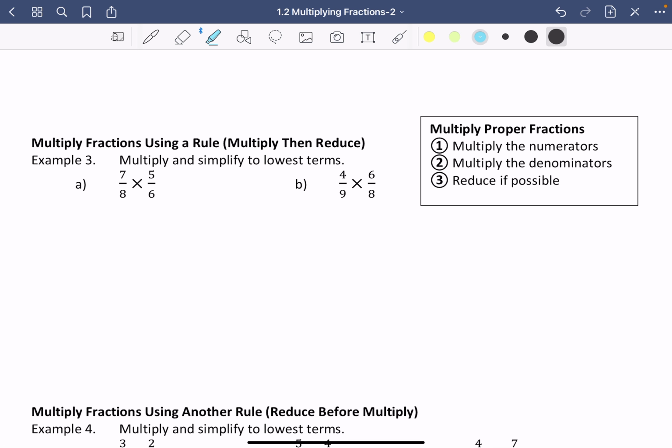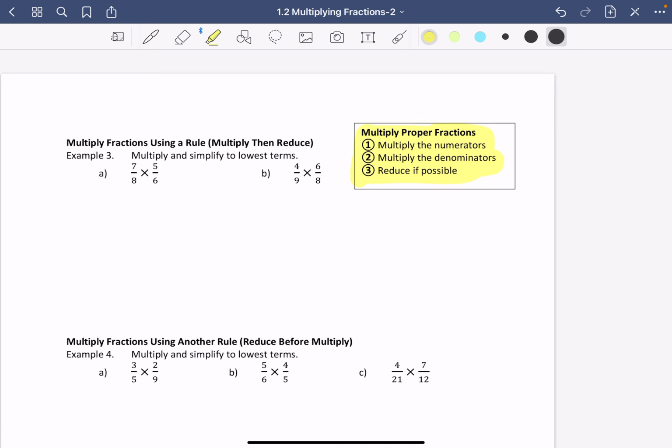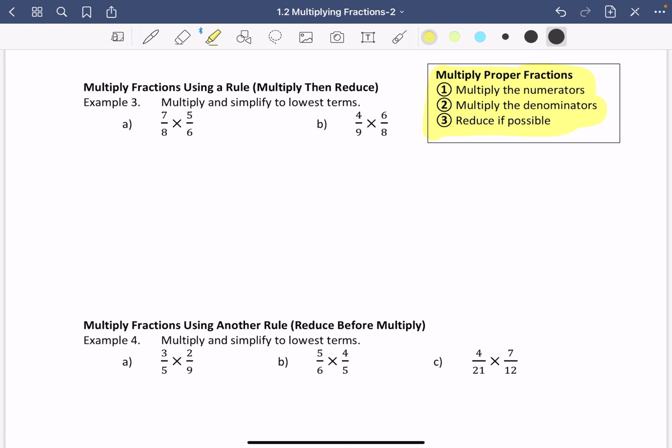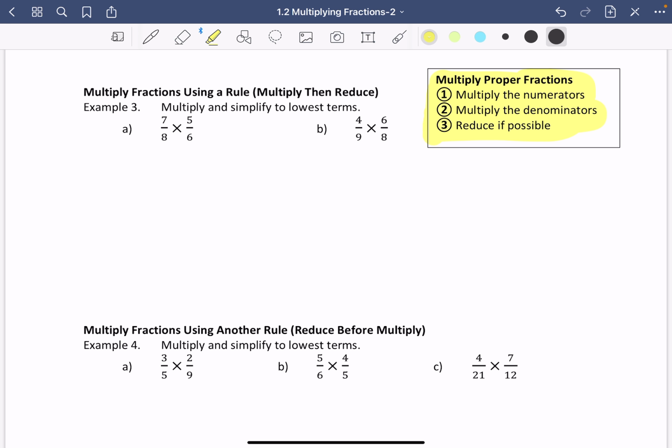Okay, the rules are right here. Okay, and there are actually 2 ways to multiply fractions. The first one is you multiply first and then reduce. The second one is reduce first and then multiply.